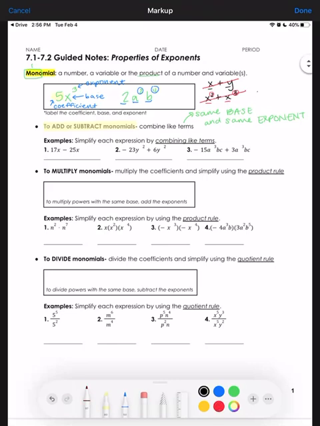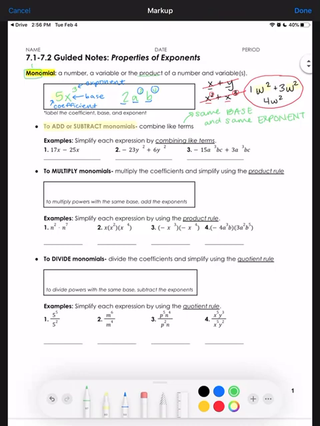But if I had something like w squared plus 3w squared, now we have the same base and exponent. So this is like a 1w squared, so I add them together and I have 4w squared. This is an example of like terms, and that's how you would simplify.